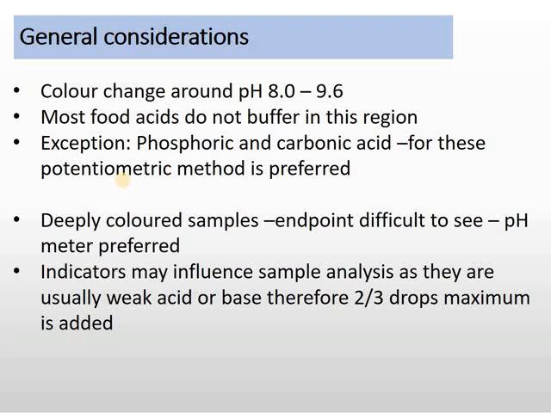And then your indicators may also influence the sample analysis, as they are usually weak acids or bases. So 2 to 3 drops maximum are added, but sometimes somebody would add 1 drop, and then you don't have enough of the indicator to show you if there's any neutralization taking place.